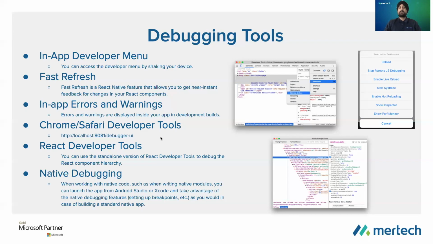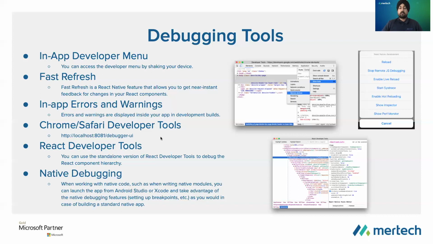Now, another thing with React Native itself is that because a native application is being created, you also have the advantage of using Android Studio or Xcode to look at the native logs for each specific platform. On Android, we can go into Android Studio and monitor logs that are Android specific.